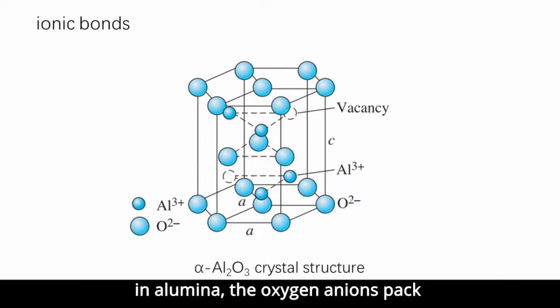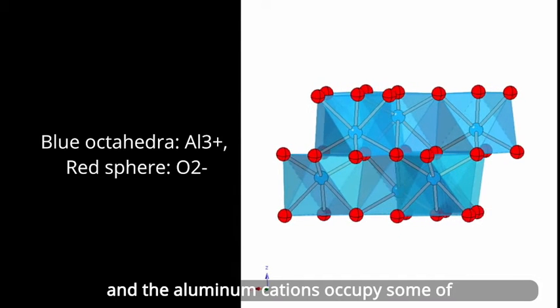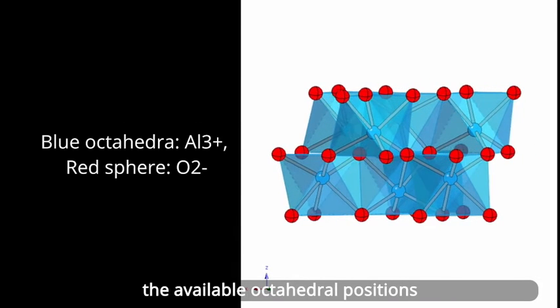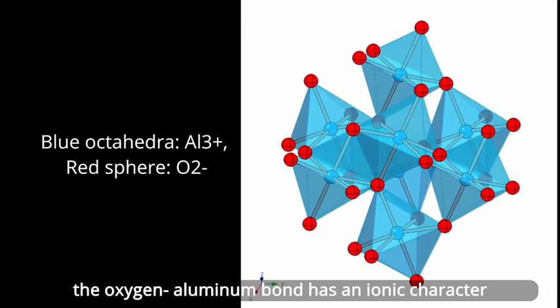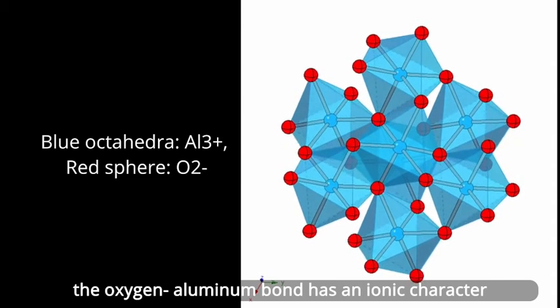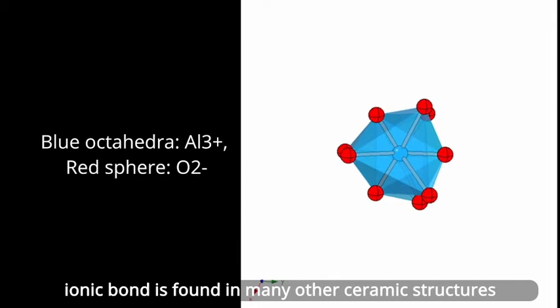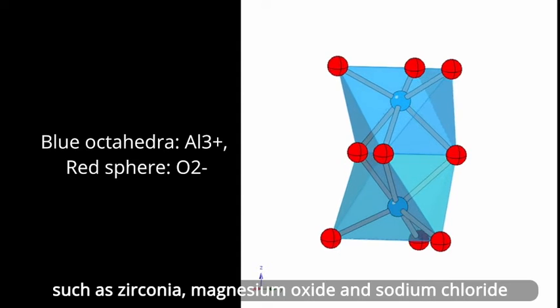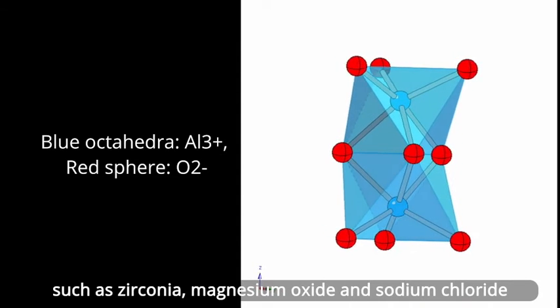In alumina, the oxygen anions are packed in a hexagonal arrangement, and the aluminum cations occupy some of the available octahedral positions. The oxygen and aluminum bond has an ionic character. Ionic bonds are found in many other ceramic structures, such as zirconia, magnesium oxide, and sodium chloride.